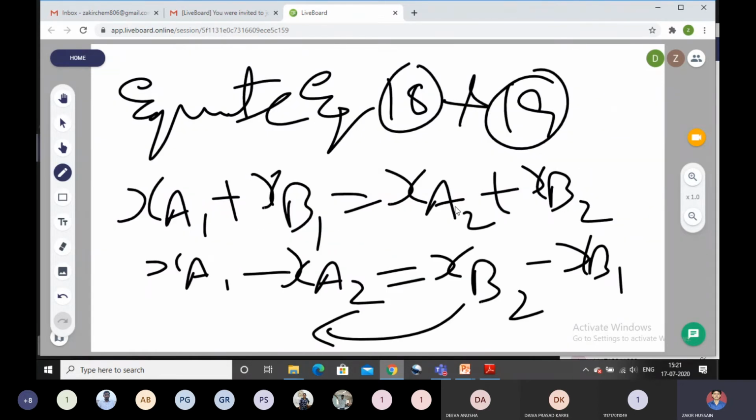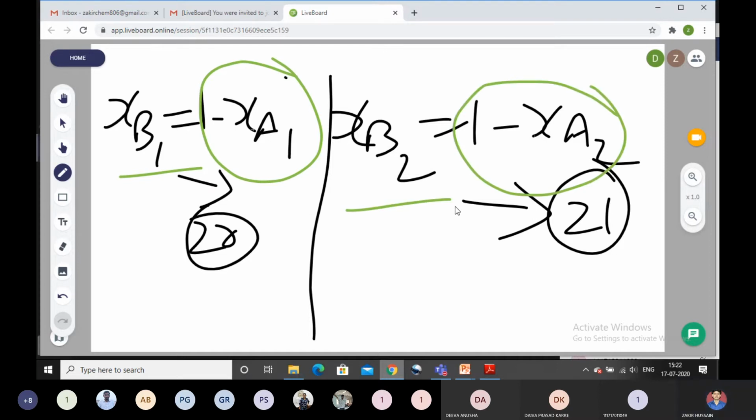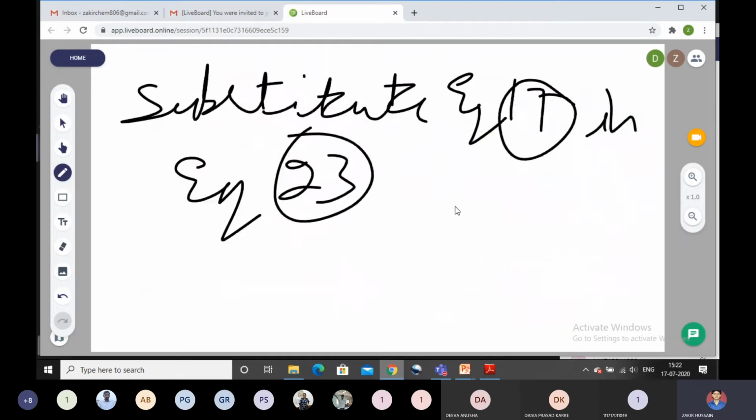Now see, writing in a different color: 1 minus XA1 is equal to XB1, and 1 minus XA2 is equal to XB2, from equations 20 and 21. We can substitute there.